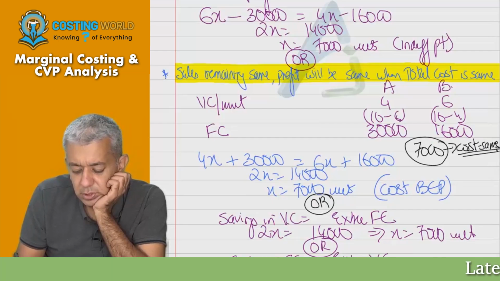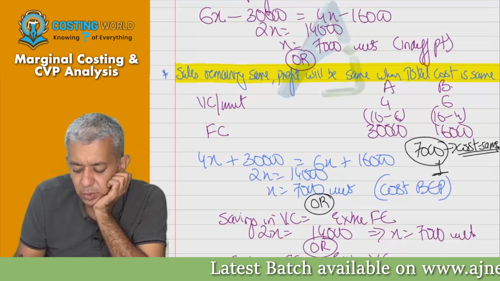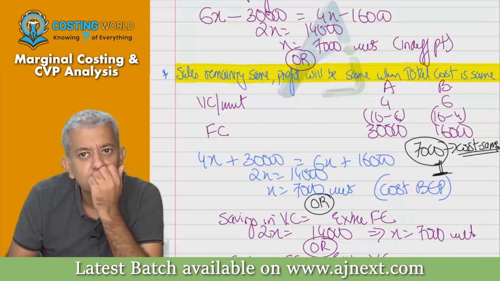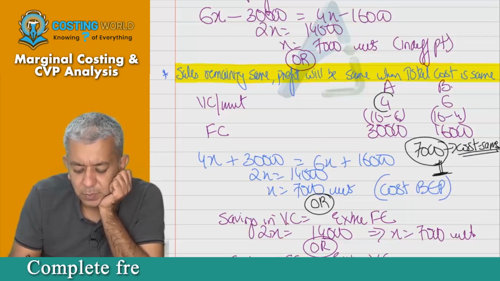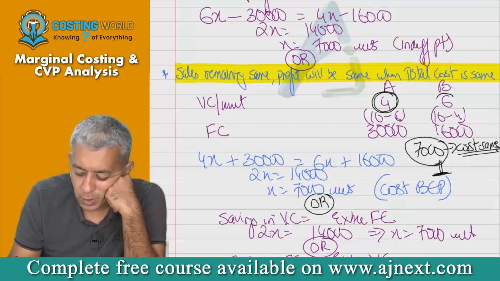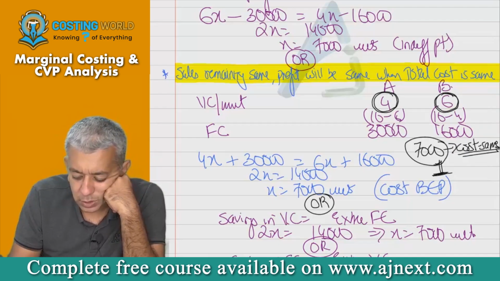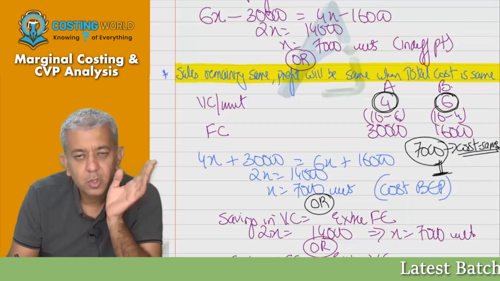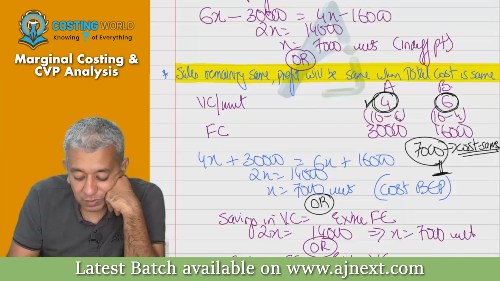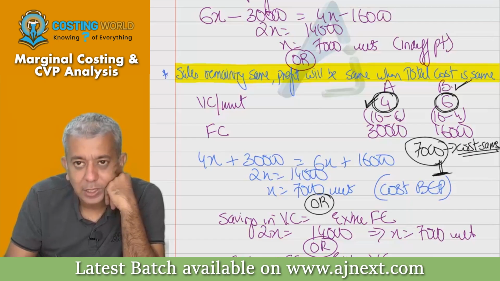If you produce one more unit, you only incur the variable cost. From A, cost will be 4. From machine B, cost will be 6. So beyond 7,000, machine A will be better than machine B at the rate of 2 per unit.